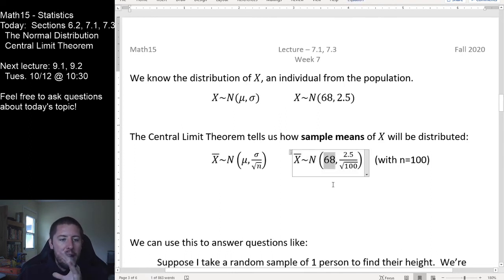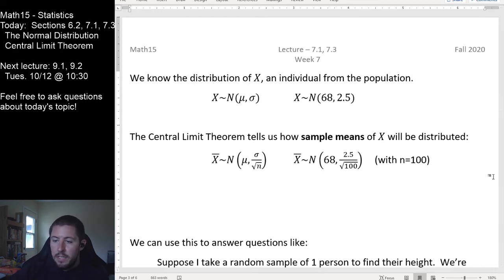They're still going to have an expected grouping average of 68. But our standard deviation is smaller because groups have a harder time deviating from average than individuals do. Right? So in this case right here, by the way, the square root of 100 is a nice clean value of 10. So it looks like here an average group would be, this is 2.5 divided by 10.